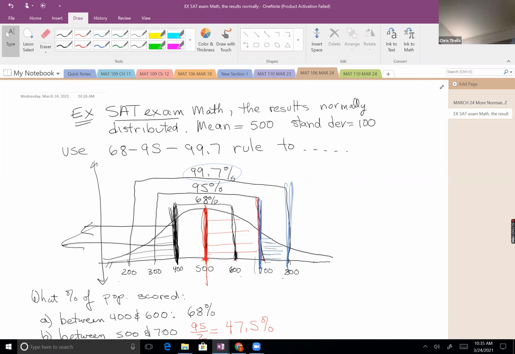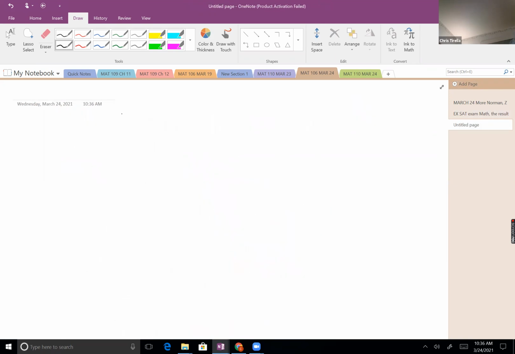So this is great for giving us the percent below if we're an exact number of standard deviations away. But what if I'm not exactly at 600 or 700? What if I'm somewhere in between? Well, then I'm going to have to do a little bit more work to find what are called percentiles.